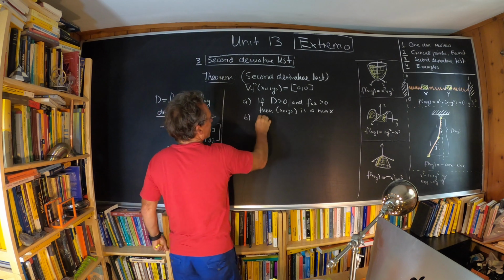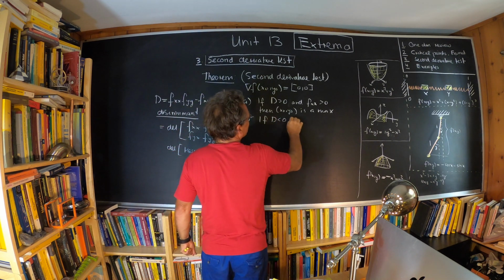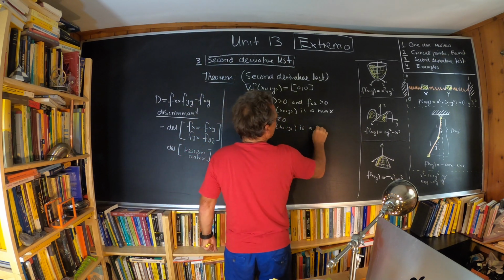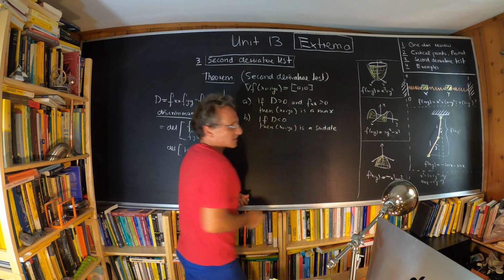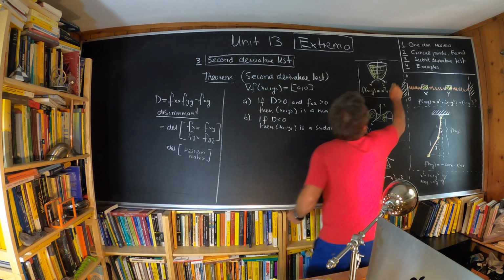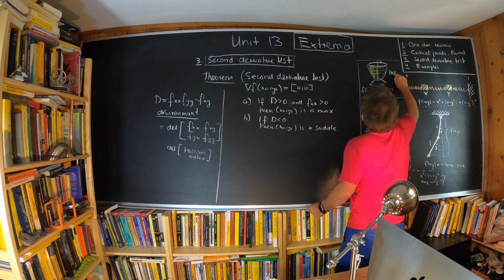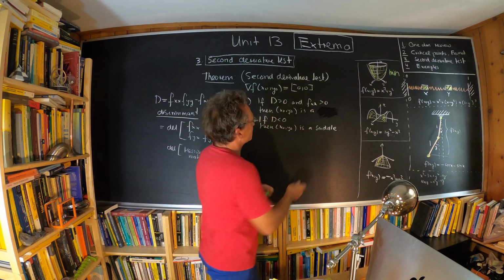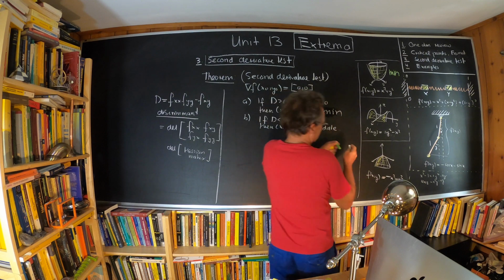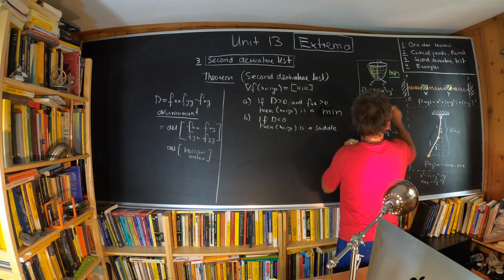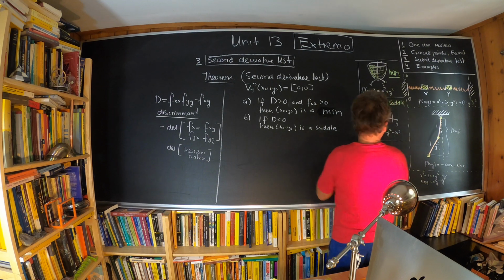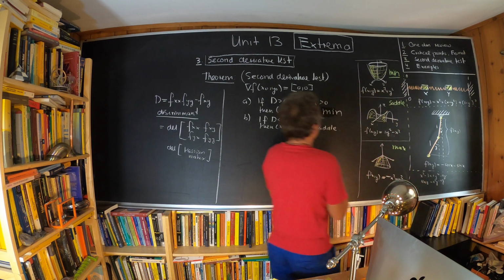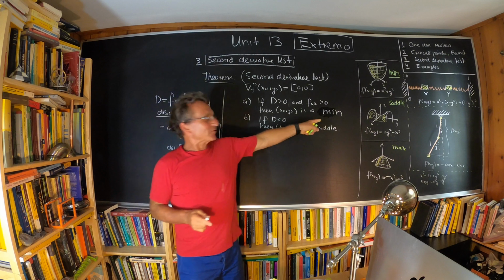Second case, if D is negative, then x naught, y naught is a saddle. So that's what we call a saddle here. So this is the min. Sorry, this is the min, this is the saddle, and this is the max. So this is easy to mix up.